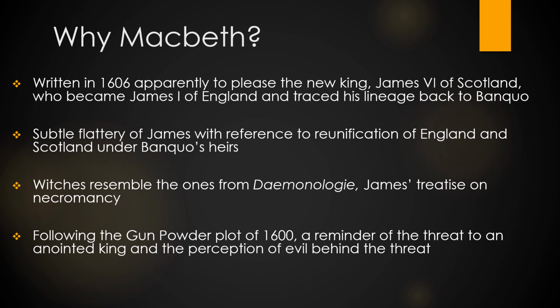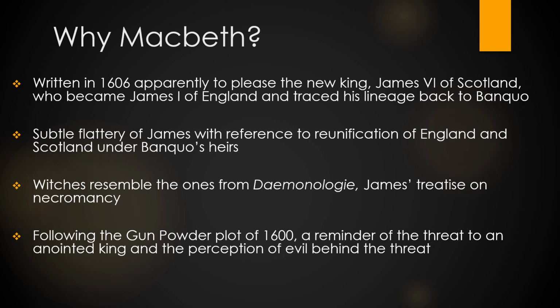And also, why he chose Macbeth was because of the gunpowder plot of 1605, when the English had tried to blow up Parliament. Macbeth proved to be a reminder of the threat to an anointed king.